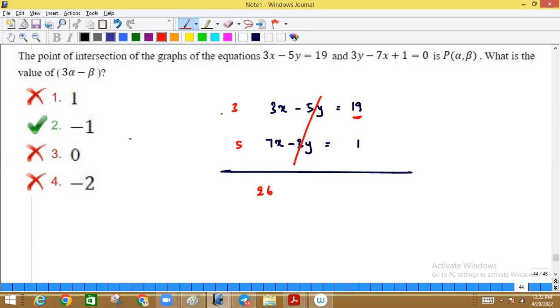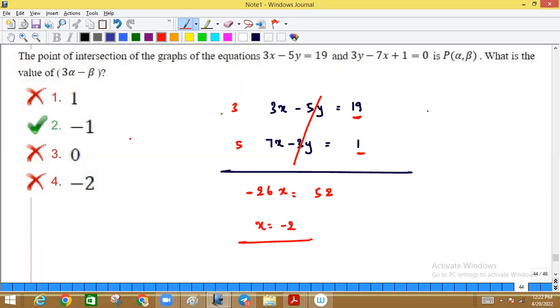How much is it? 57 minus 5, so it will be 52. Negative 26 is equal to 52. Can I say so? Then what is x equal to? Negative 2.